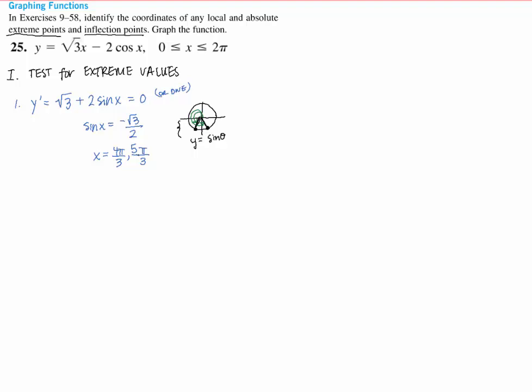We have these two solutions, 4 pi over 3 and 5 pi over 3, where the sine of x is negative square root of 3 over 2, or the first derivative equals 0. So those are our critical points to test the interval.